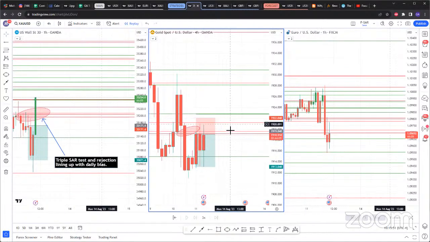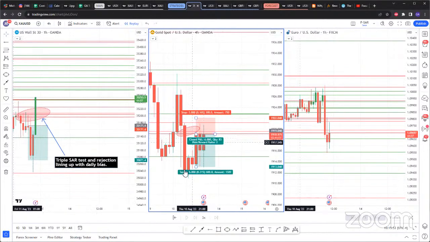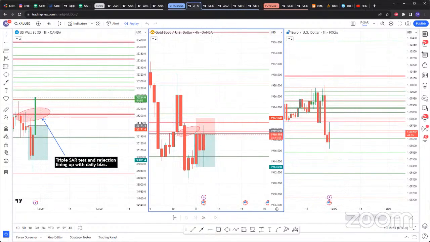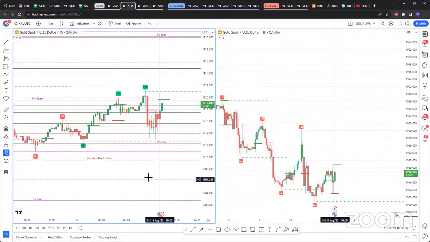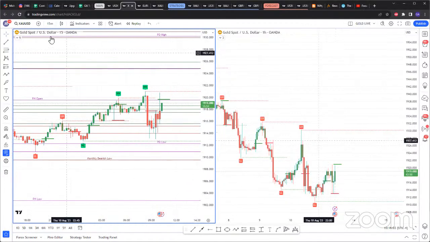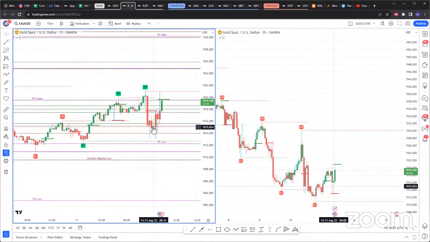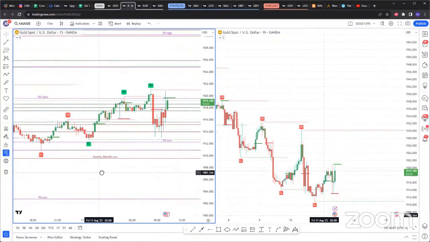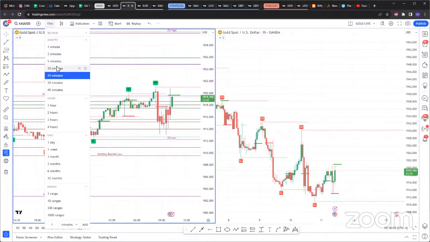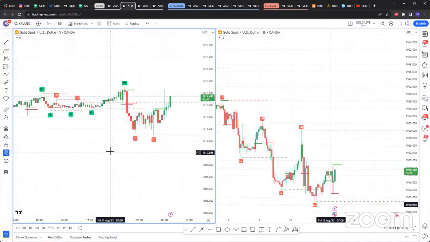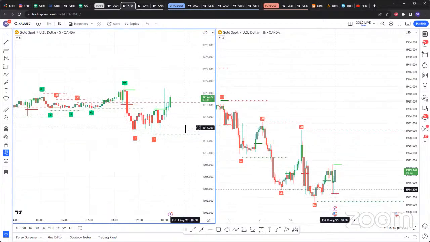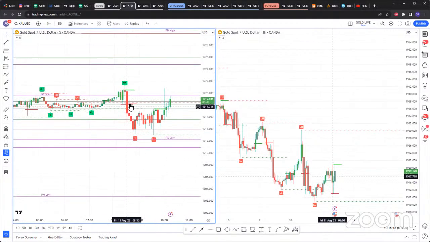So I could have gone to the lower time frame. I'm pretty sure around the 1918 area on gold, if we go to the 15-minute or even the 5-minute time frame, I could have gotten an entry on gold. The 15-minute sort of lines up with the 4-hour right here. If I go on the 5-minute, we're looking for a break and retest of an SAR zone right here around 1918.